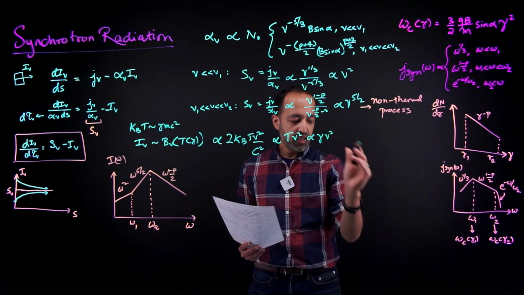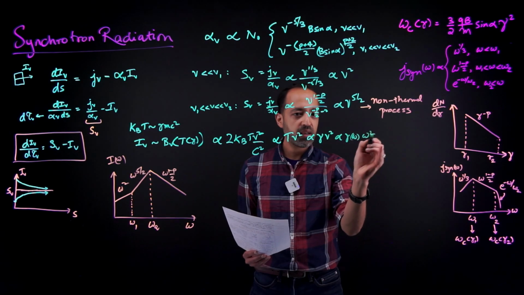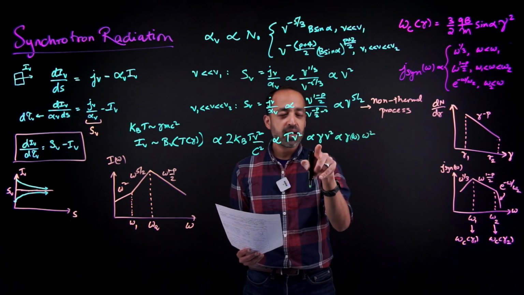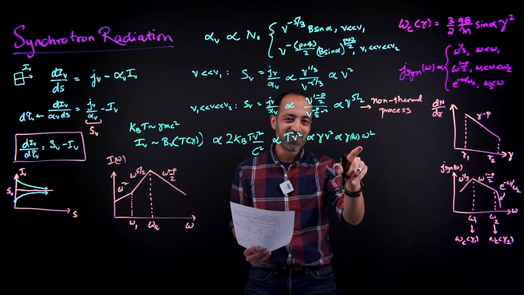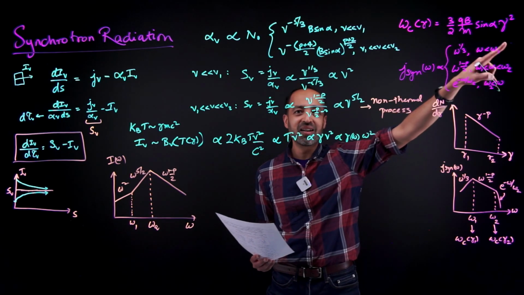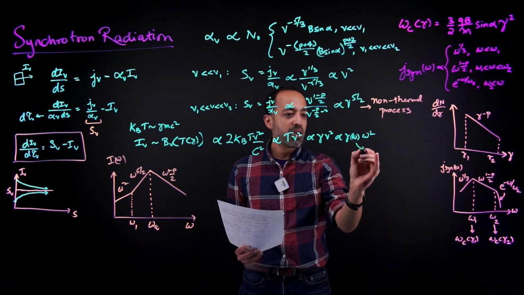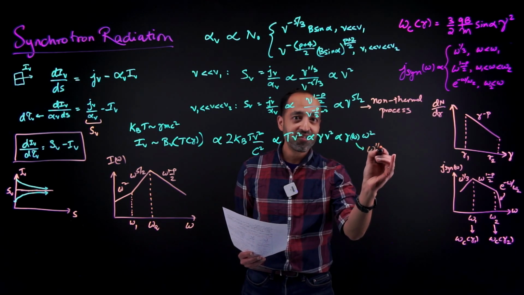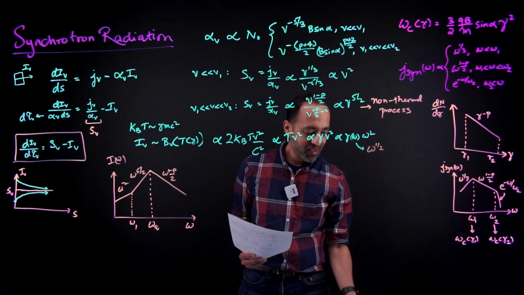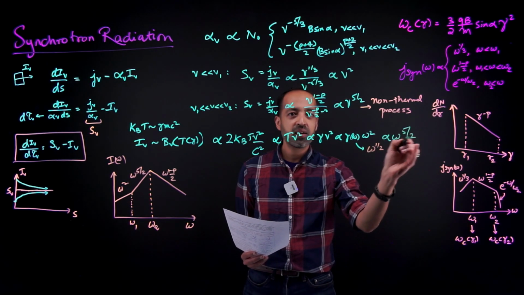And I'm going to just write that as gamma of omega times omega squared. Nu and omega are related. And this gamma is now the Lorentz factor of the electrons that are radiating at that frequency omega. Remember this connection between omega and gamma. And so because this gamma is proportional to omega to the 1/2 power from here, that is why you have an omega to the 5/2 power.